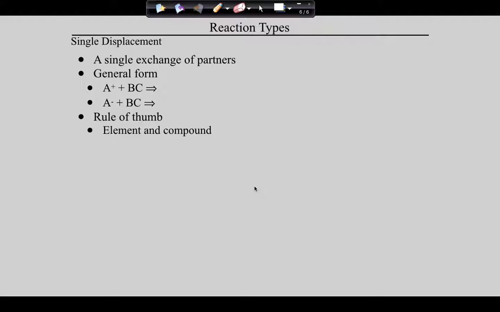So guys, in that spirit, there's an element and there's a compound. Here's an example. And again, guys, these examples many times are going to be the reactions we're going to do in lab on Monday.